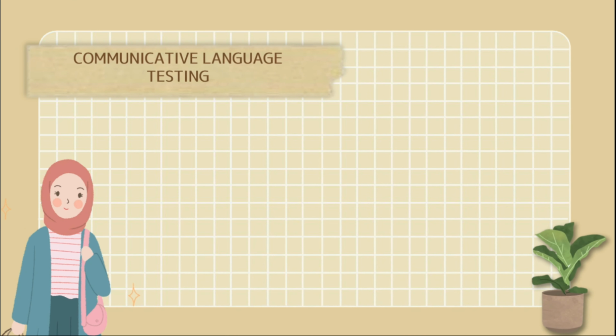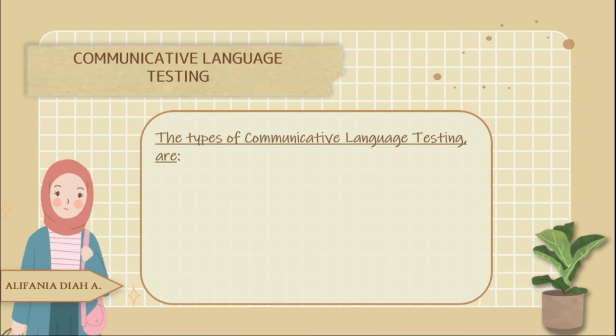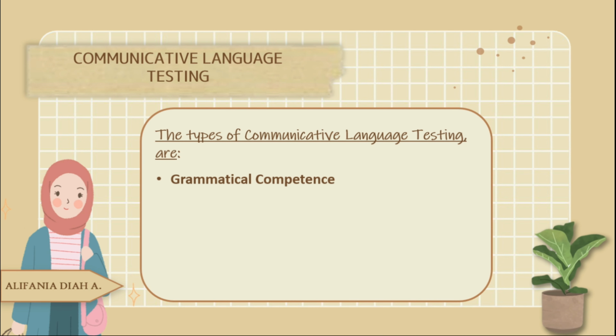The types of communicative language testing are grammatical competence, which is about knowledge of systematic features of grammar, lexis, and phonology. Next is sociolinguistic competence, which is about knowledge of rules of language use in terms of what is appropriate in different contexts.